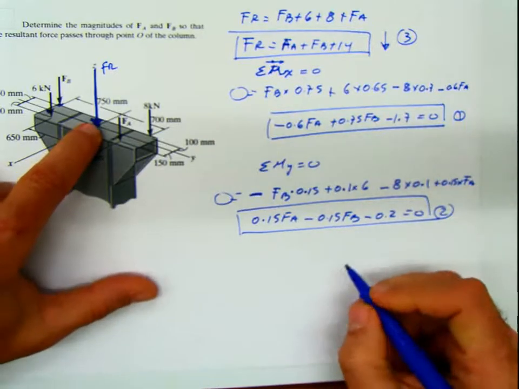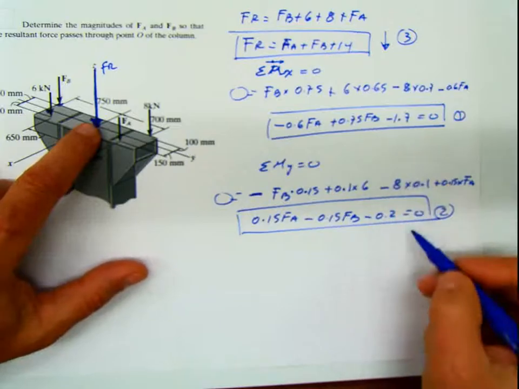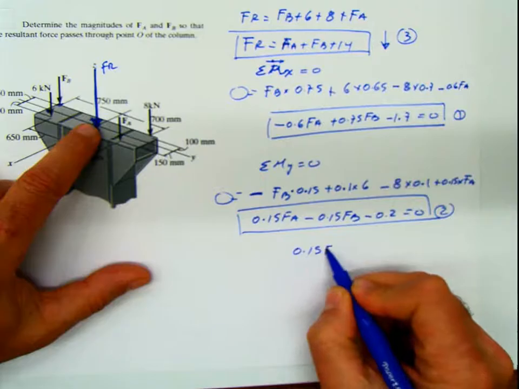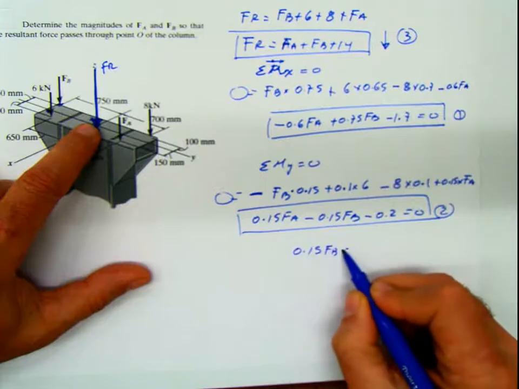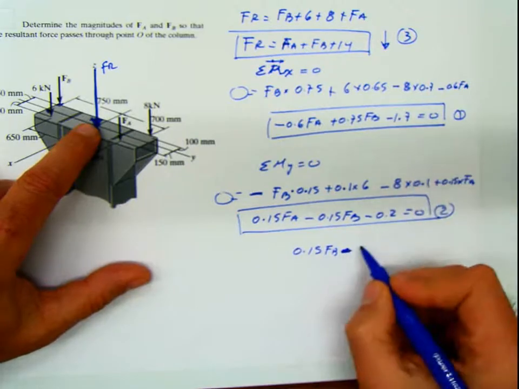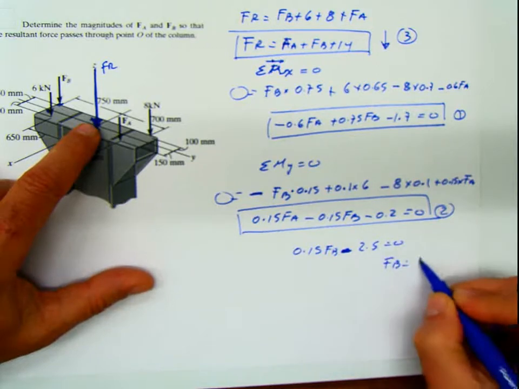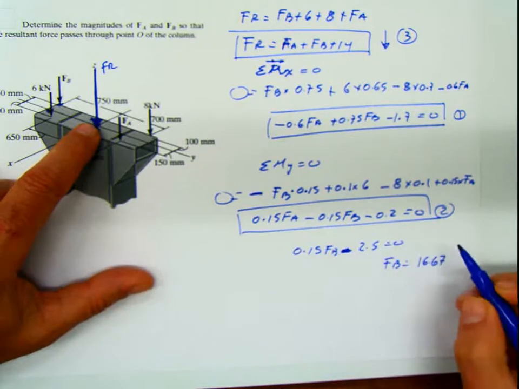So that basically what you have here is negative 2.5 is 0.15 FB equal or minus 2.5 equals 0, and FB equals 16.67 kilonewton.